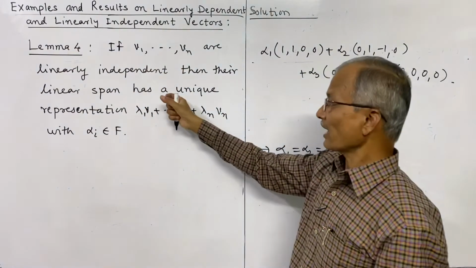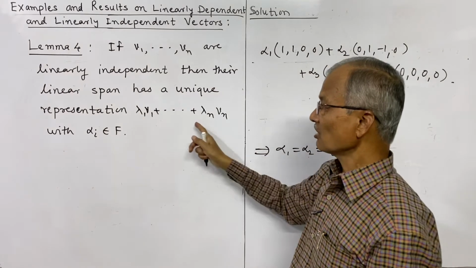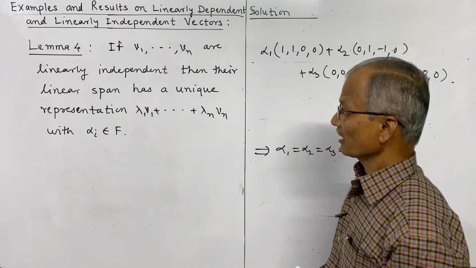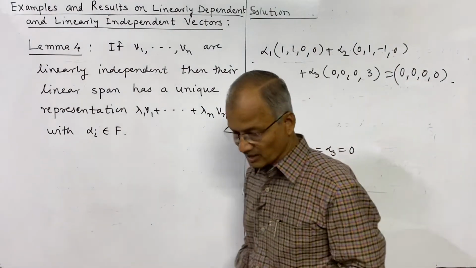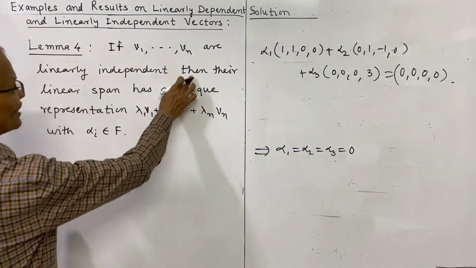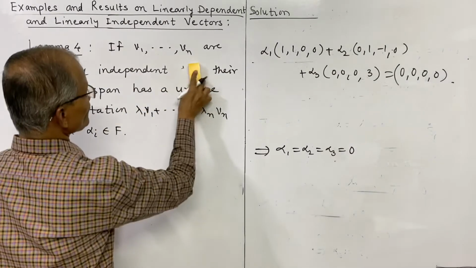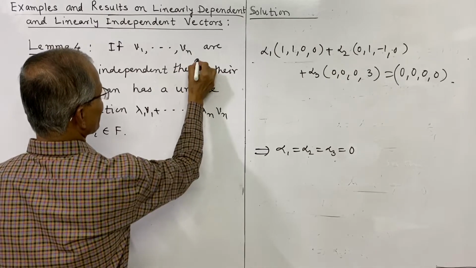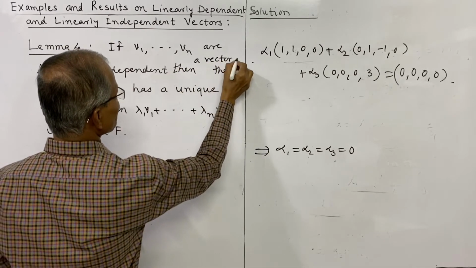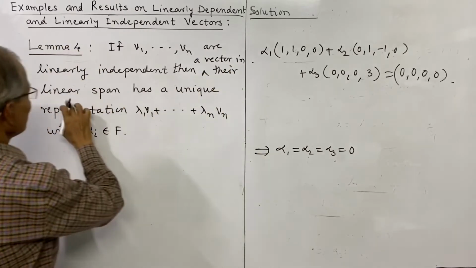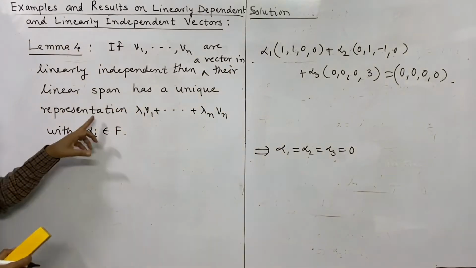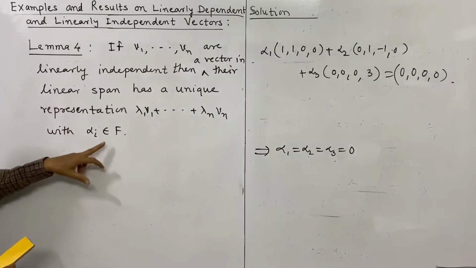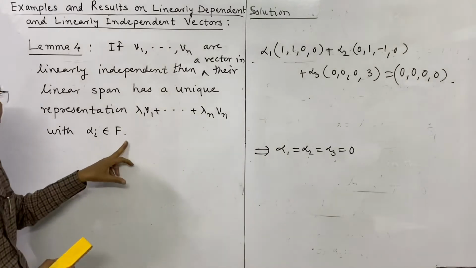We should write that a vector in their linear span has a unique representation. A fixed vector has this unique representation with alpha i belonging to F.